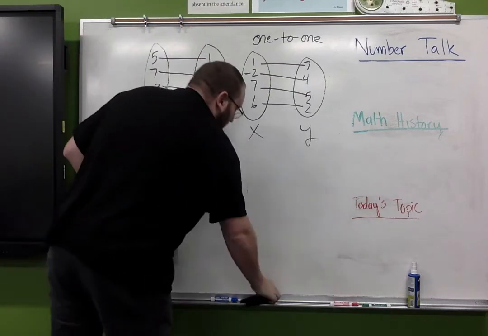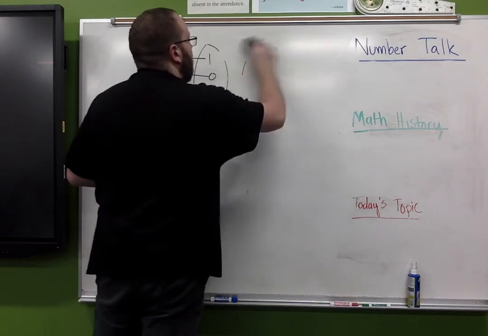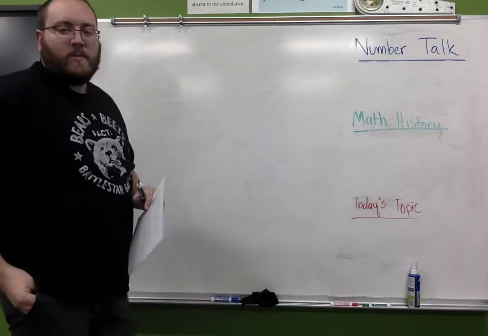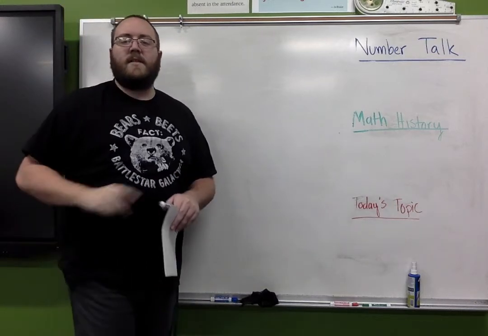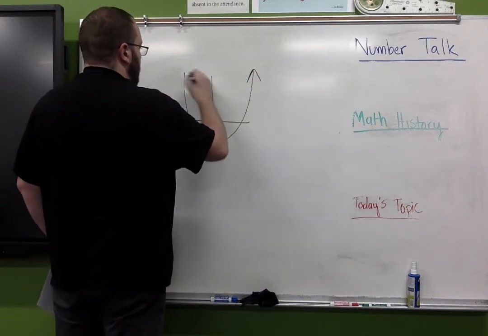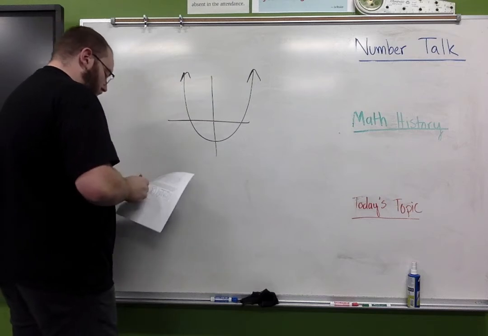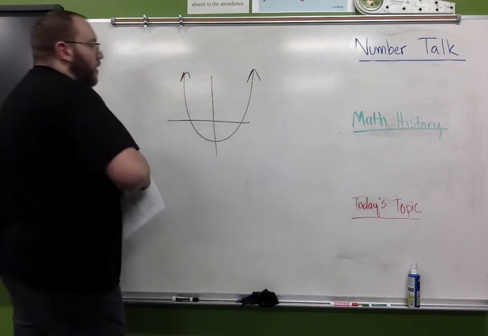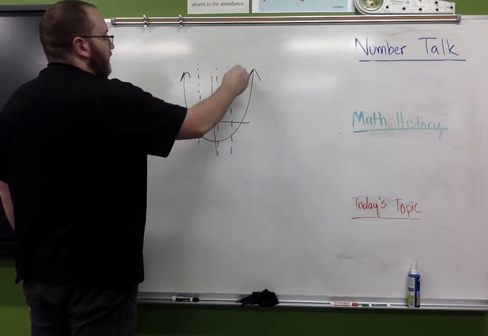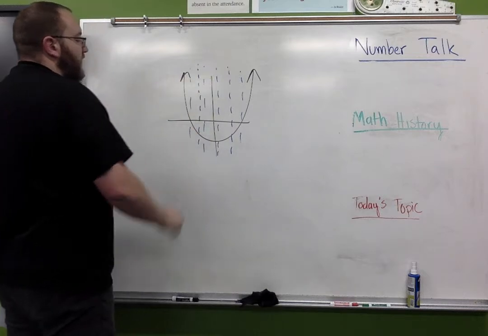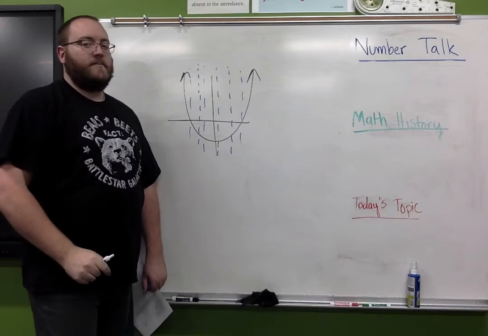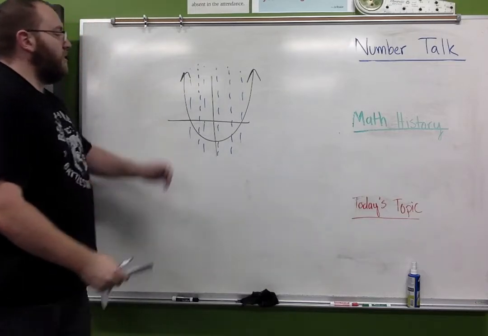Now there's a way to check this graphically. Okay, in SM1, they taught you something called the vertical line test to figure out if something's a function. All right, so let me put my parabola back here. The vertical line test says if you pick any vertical line anywhere on the graph, and that vertical line only crosses the graph one time, it's a function. So for example, here's a bunch of different vertical lines.